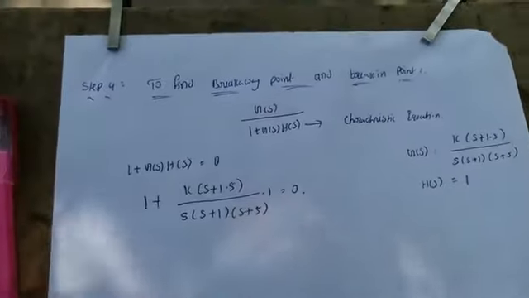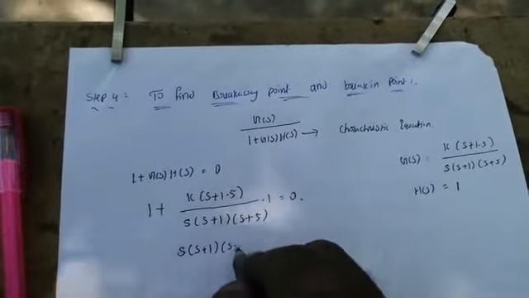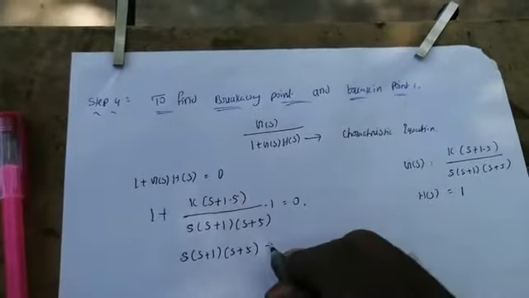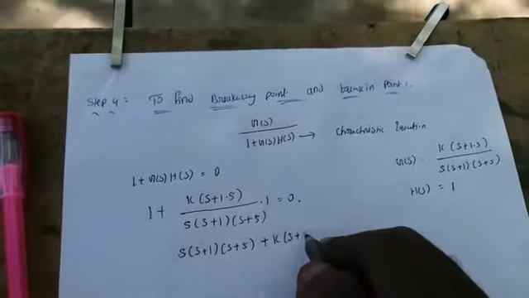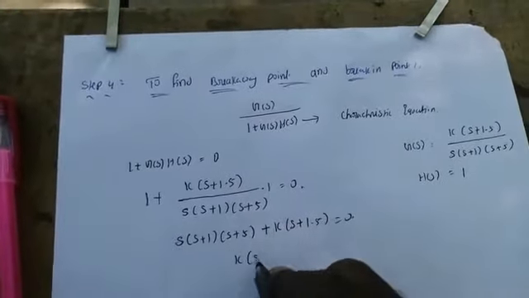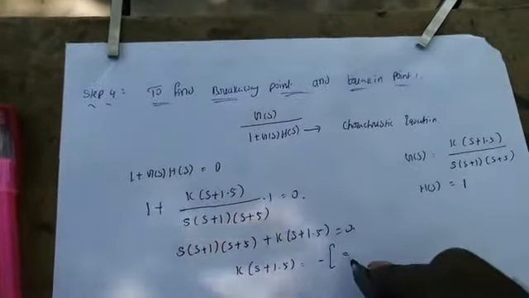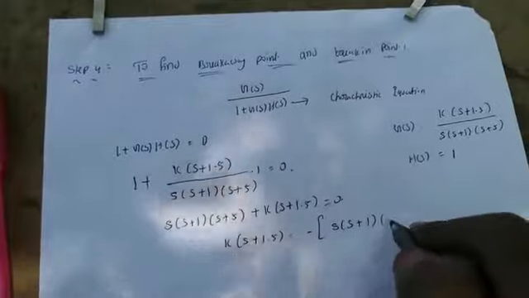If you cross multiply, you will get s(s plus 1)(s plus 5) plus K(s plus 1.5) equals 0. So K(s plus 1.5) equals minus of s(s plus 1)(s plus 5).